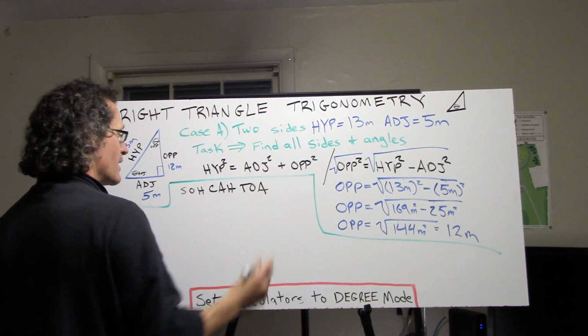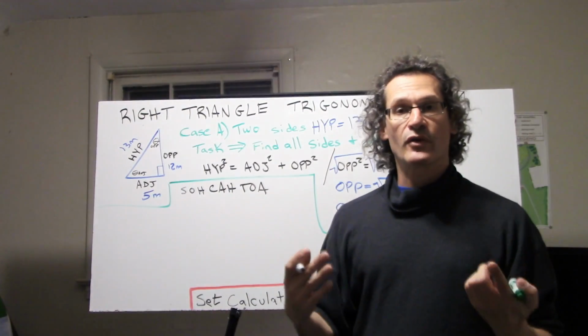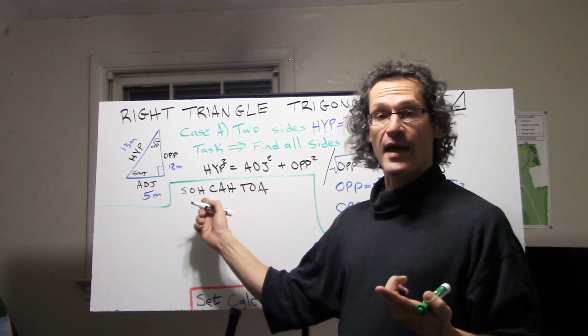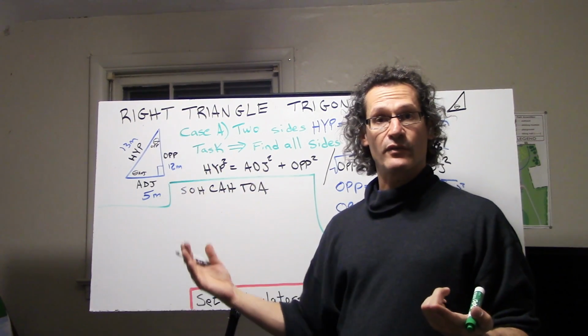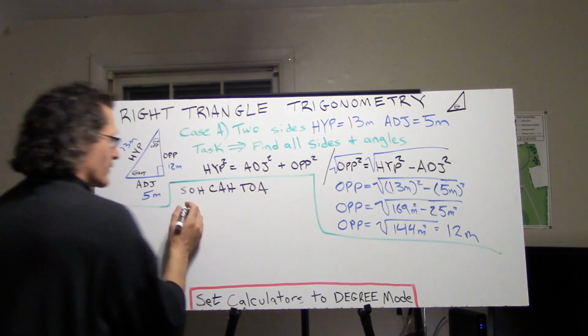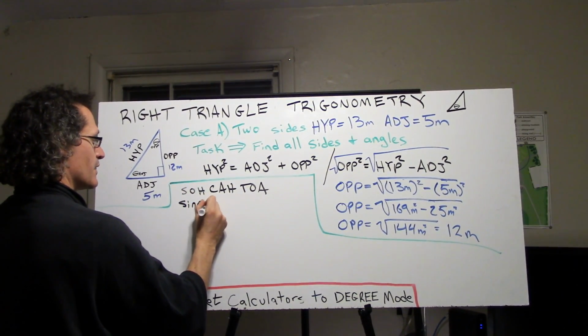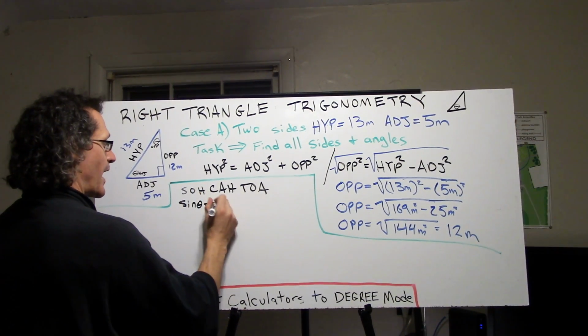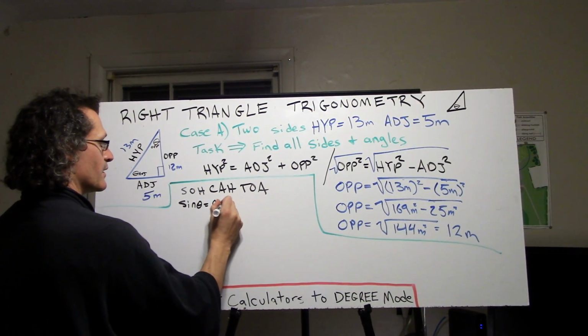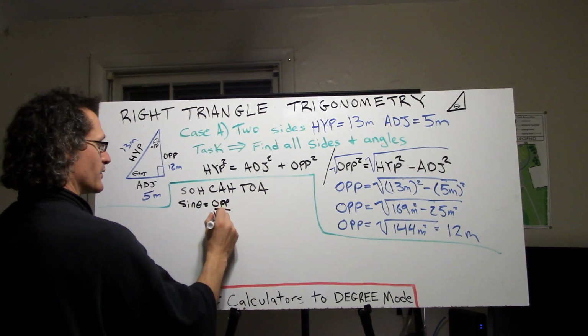SOHCAHTOA. It's a relationship between three trigonometric functions and the ratio of the sides of the right triangle. So we have sine of the angle is equal to the opposite side over the hypotenuse.